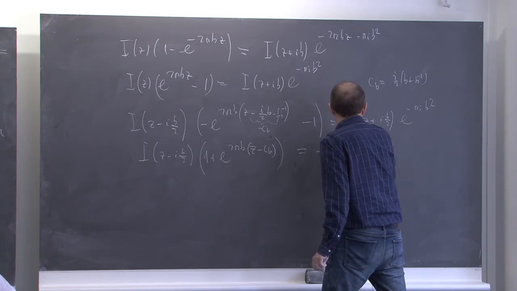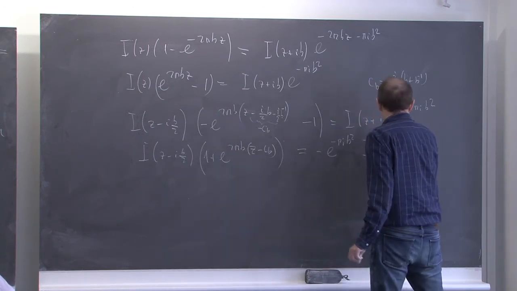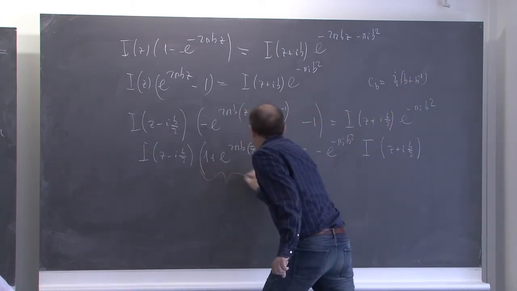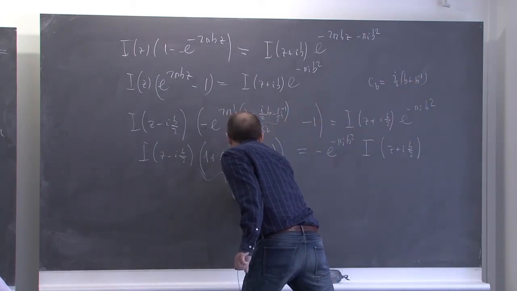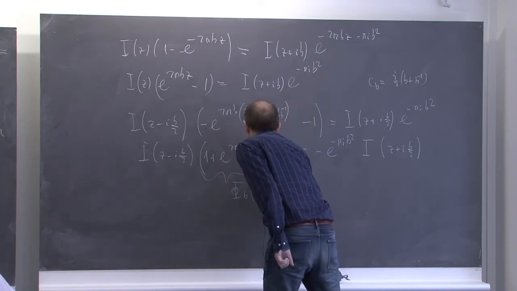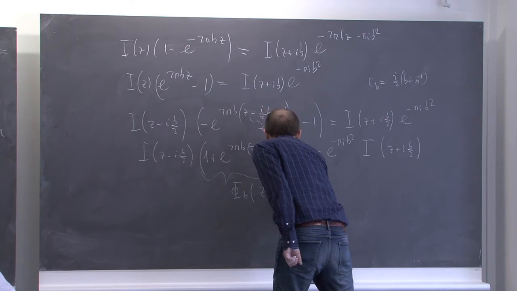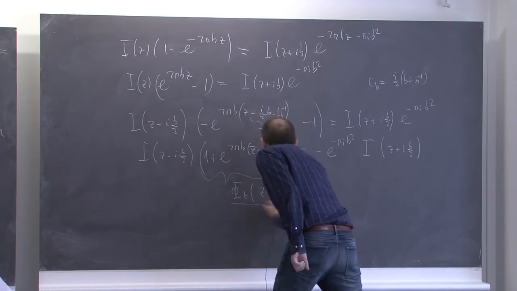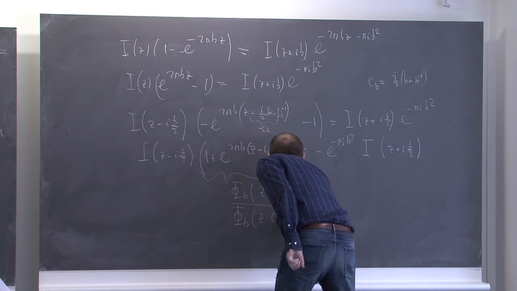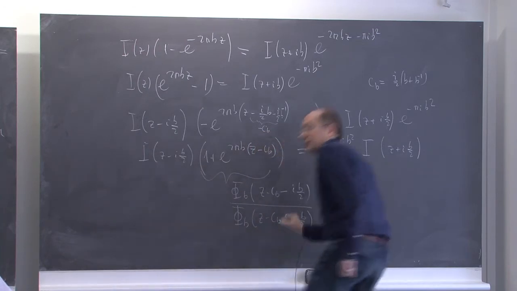Minus pi i b squared, I of z plus ib half. And now this we can replace by phi b of z minus C b minus ib over 2 divided by phi b of z minus C b plus ib over 2.